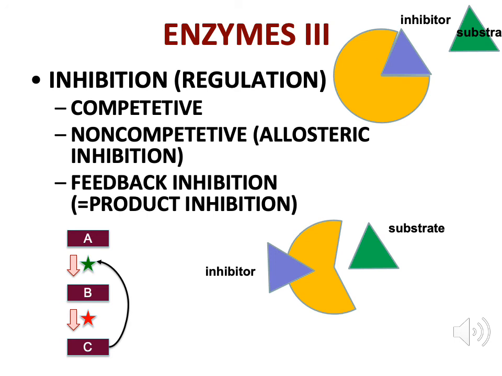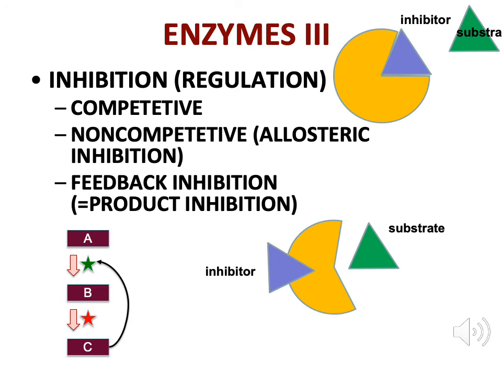For the sake of argument, if I'm making too much substance C, it's just going to feed back. It's going to go back to the very first step in the process and maybe inhibit the enzyme that I started off with. So the feedback of substance C inhibits the production of B, which ultimately is going to inhibit the production of C overall. The beauty of this situation is that if I get too much product, that product shuts down the process.